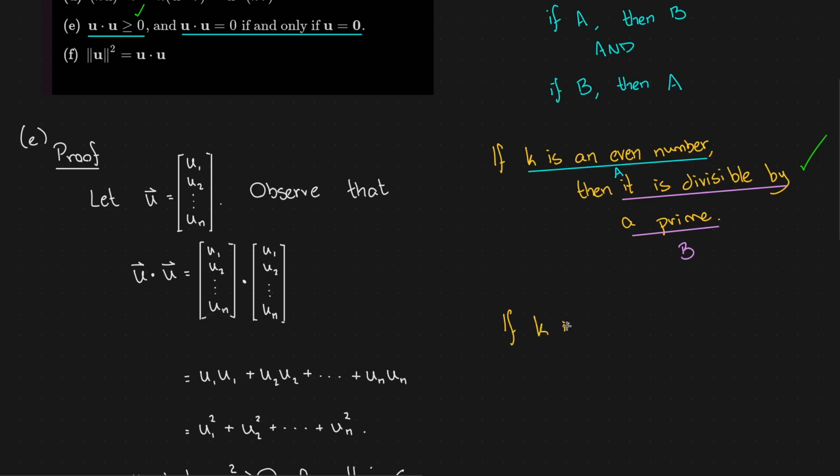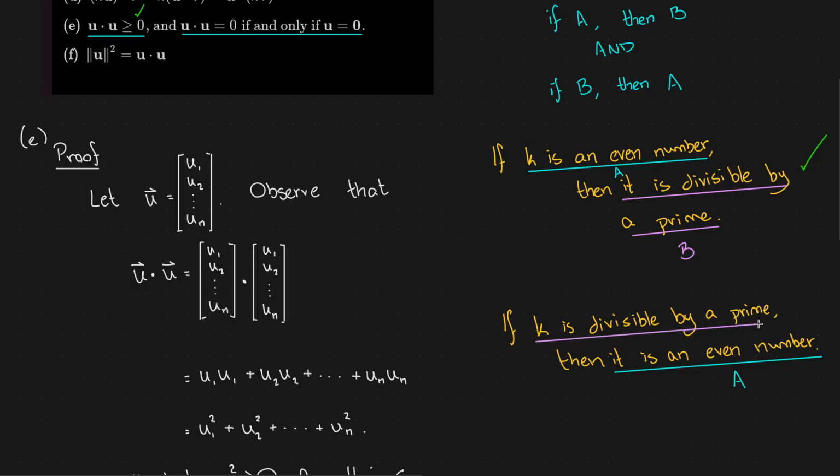But if I think about it the other way, if K is divisible by a prime, then it is an even number. So here, this would be statement A, and this would be statement B. But is this true?